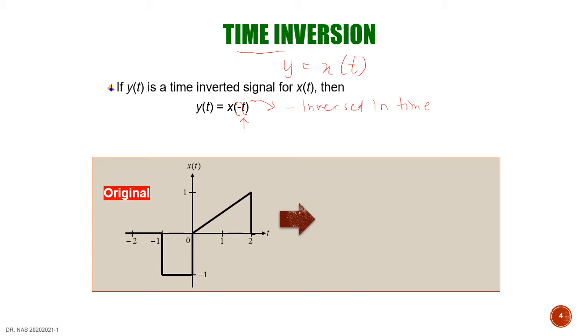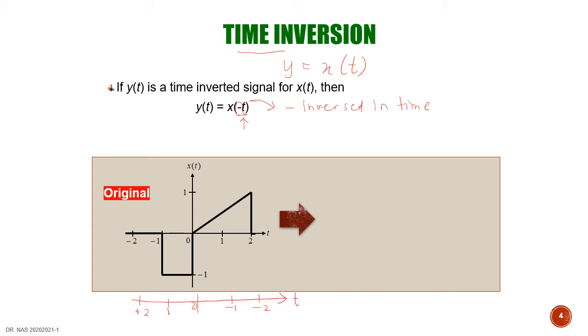If you draw the axis, this is t. Now 2 becomes minus 2, 1 becomes minus 1, and here is 0, minus 1 becomes positive 1, and minus 2 becomes positive 2.